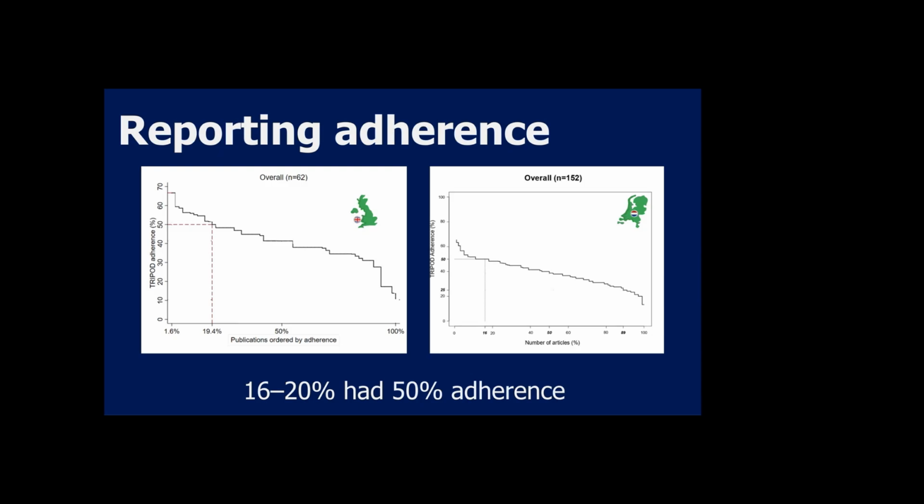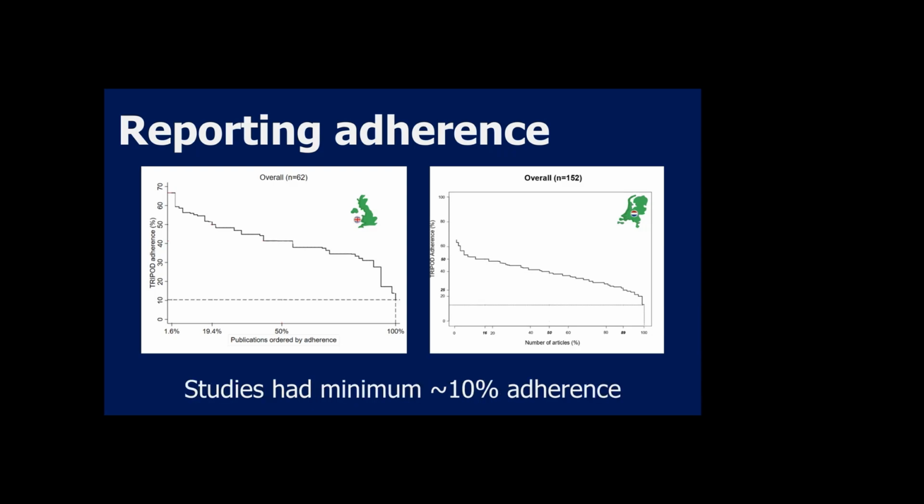So it's quite low. Looking at the median adherence, there was a median of 40% adherence to the TRIPOD items. And studies that had 100% adherence to TRIPOD were about a minimum of 10% across the two reviews. So generally, from a reporting adherence point of view, it's looking quite low.